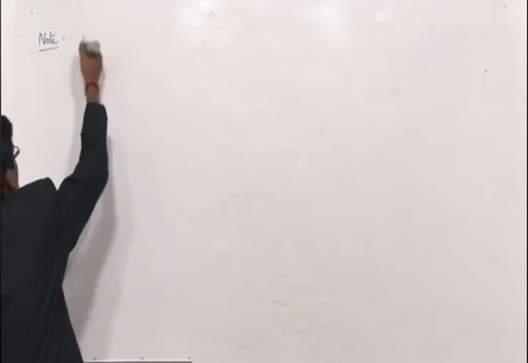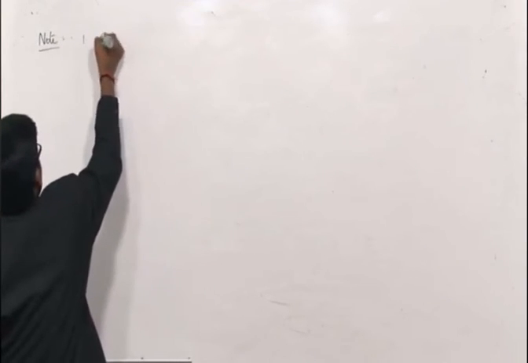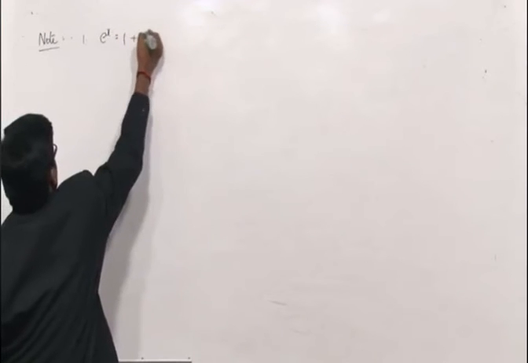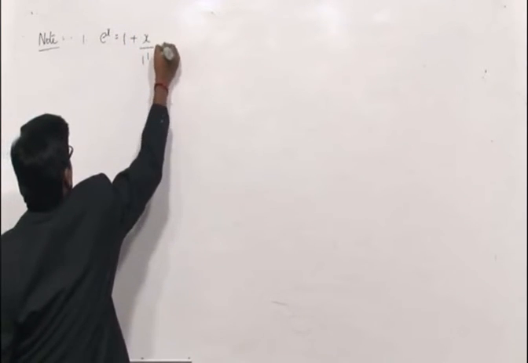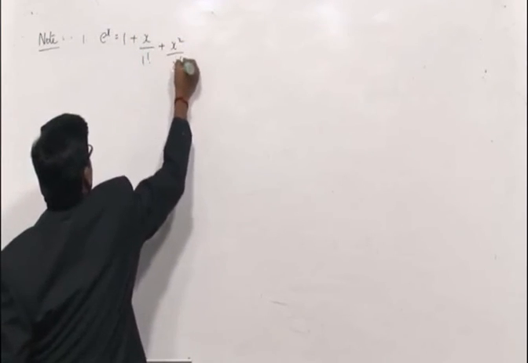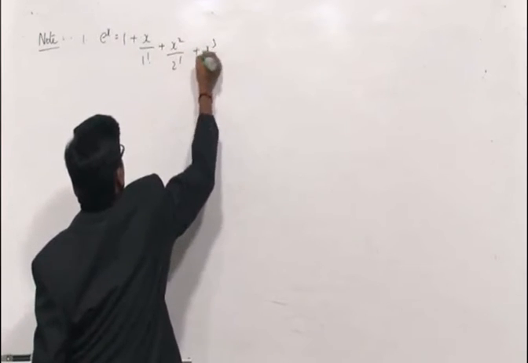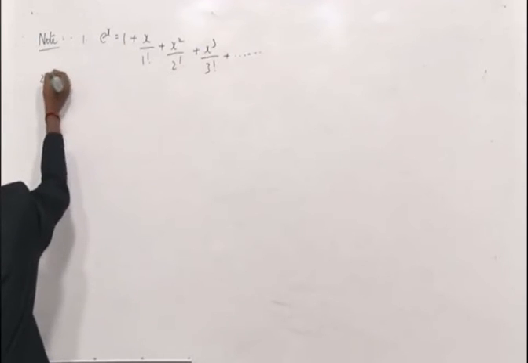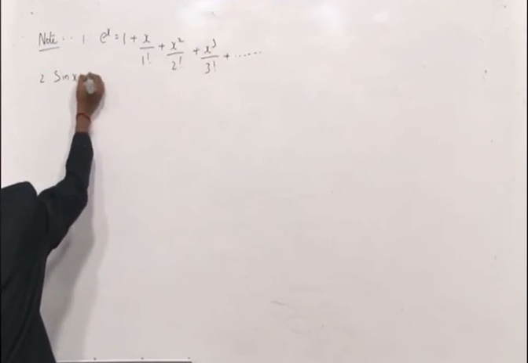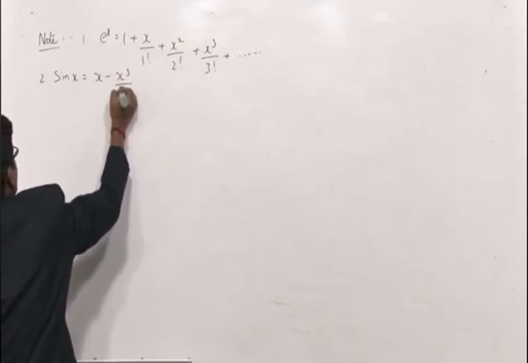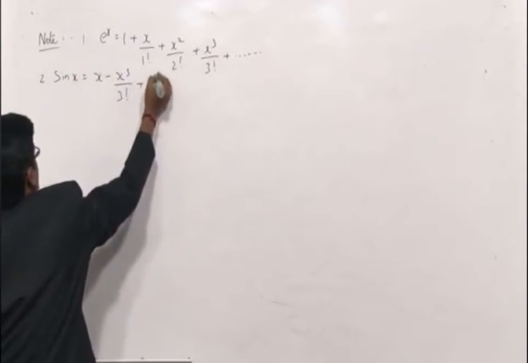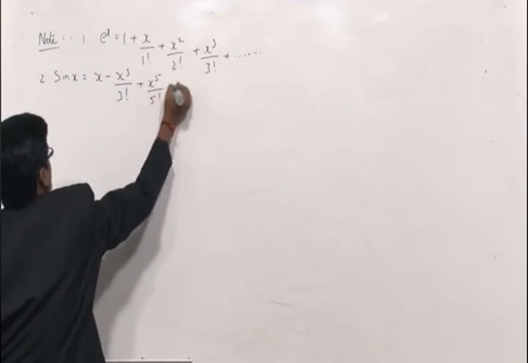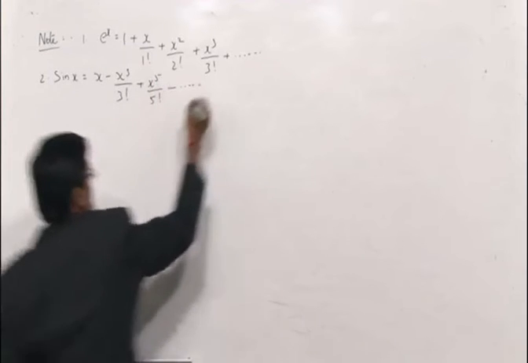Now these are some standard expansions of the Maclaurin series. Exponential x is equal to 1 plus x by 1 factorial, plus x square by 2 factorial, x cube by 3 factorial, plus so on. This is already given in limits. 2. Sin x is x minus x cube by 3 factorial plus x power 5 by 5 factorial minus so on.